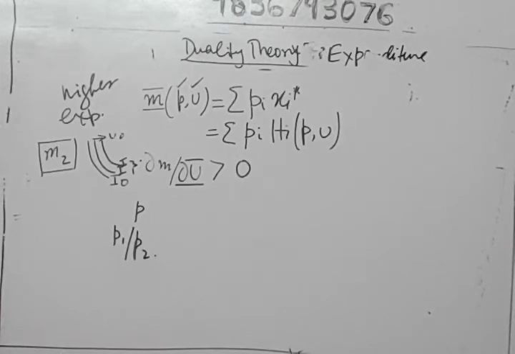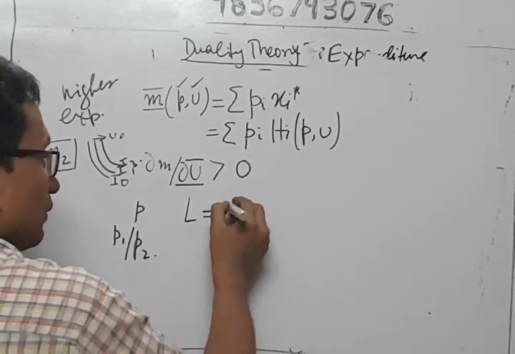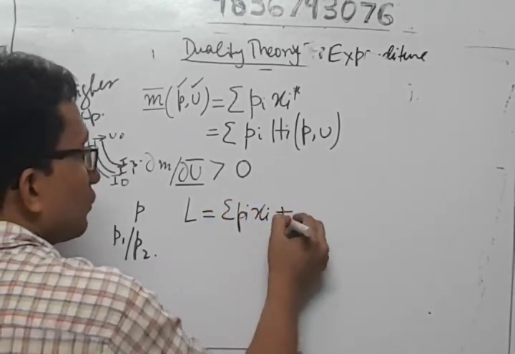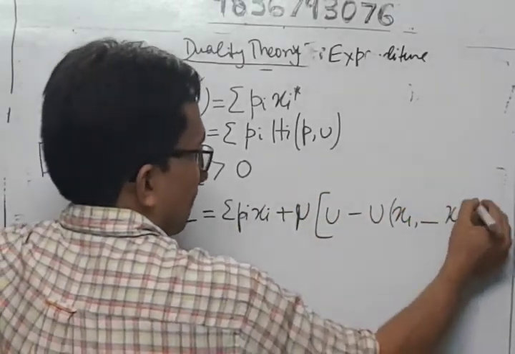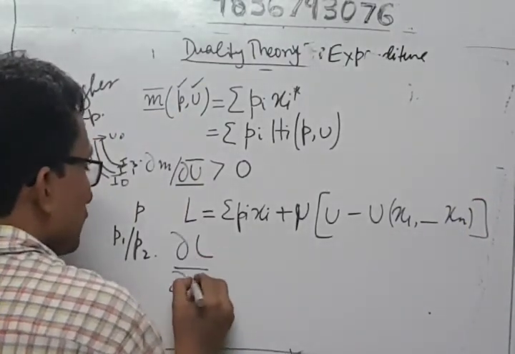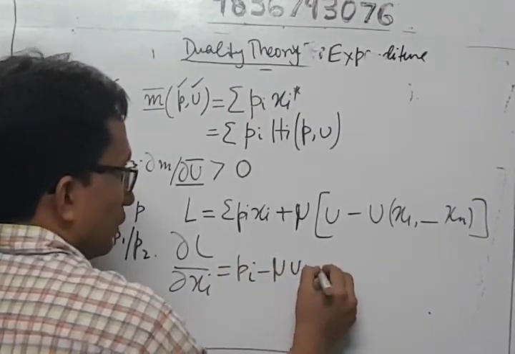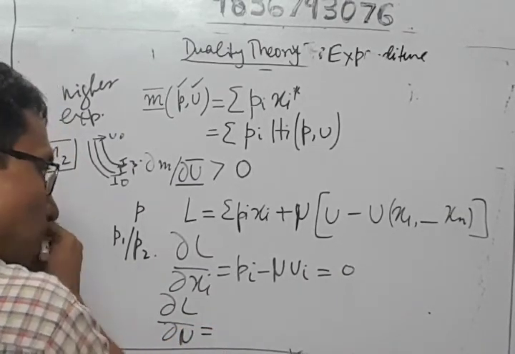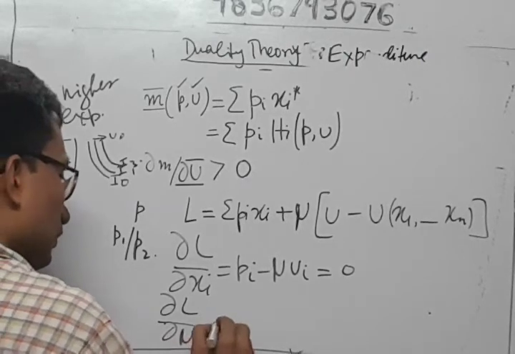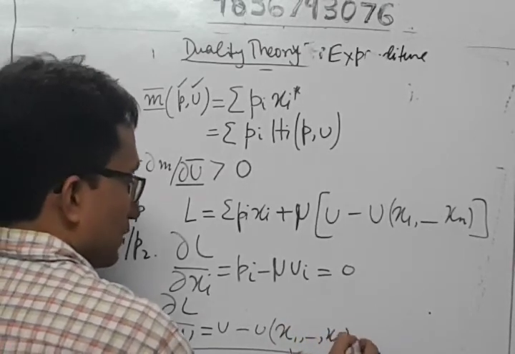Now we can give another explanation. So we have seen, if we look at this Lagrangian for the cost minimization problem, where we are trying to minimize the cost subject to this utility constraint, then we have the following first order conditions: del L by del xi equal to pi minus mu times qi equal to 0, and del L by del mu equal to u minus u of x equal to 0.